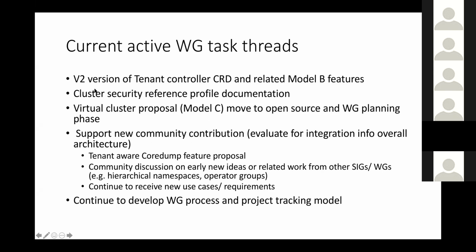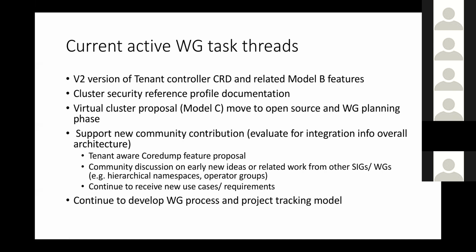Firstly, we are now kicking off an effort to have a V2 version of the tenant controller CRD and related Model B features. If some of you have been watching our previous work, we've characterized different architectural models for multi-tenancy.